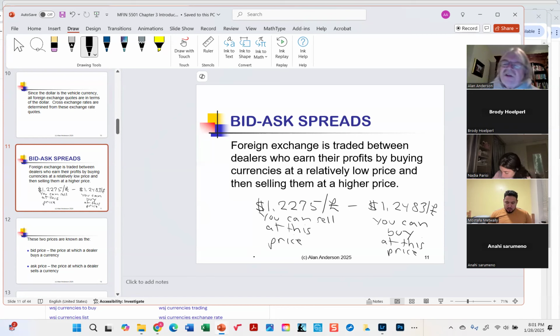In other words, imagine every time somebody comes up to the window, they're selling pounds at a relatively high price and they're buying them back at a relatively low price. That's where their profits come from. So the one on the left is known as the bid price. The one on the right is the ask price.